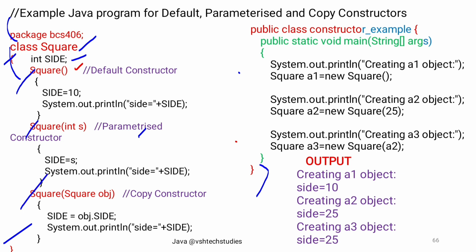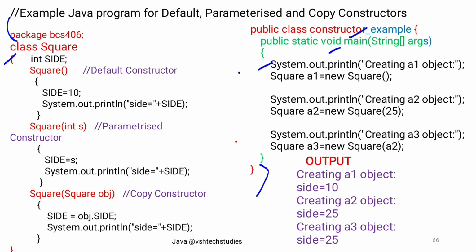So that is what is there in this class called Square: one data field and 3 constructors. After that we have the main function. What is the name of the program? Constructor_Example. Execution begins from the main function. What is the first instruction?